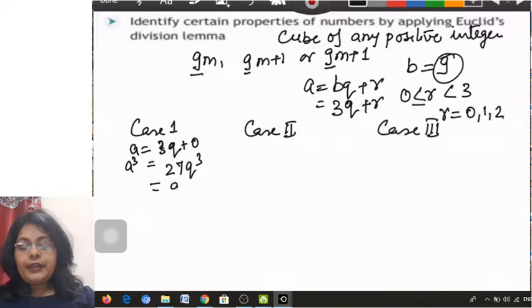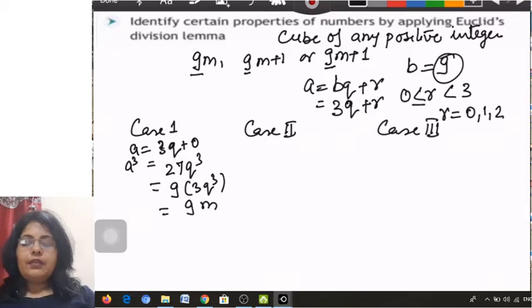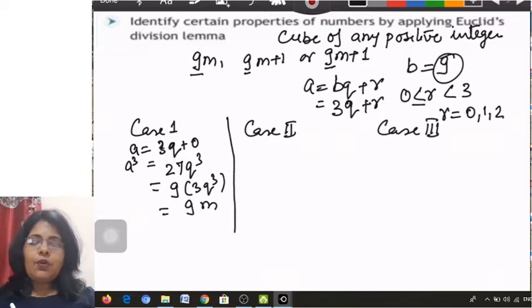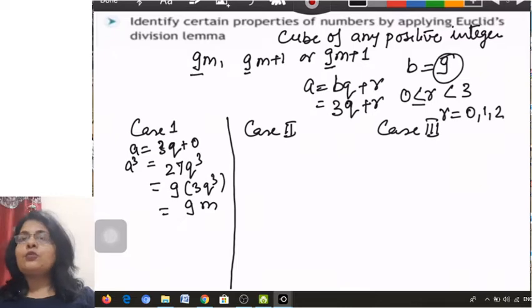We can take 9 common, and 3q cube will act as m. In this way we can solve the other cases also.